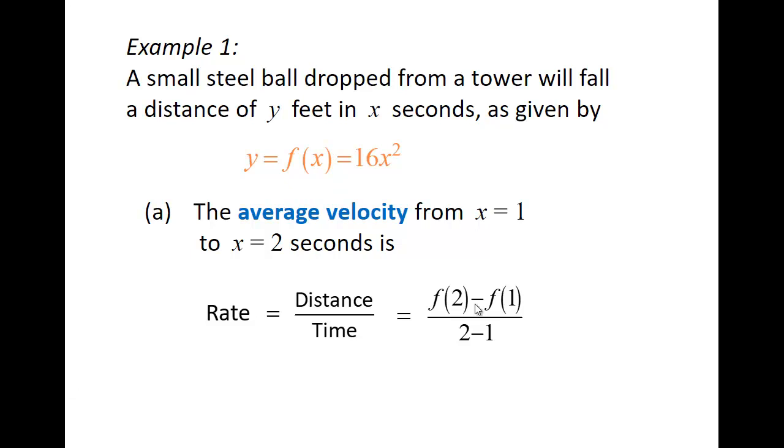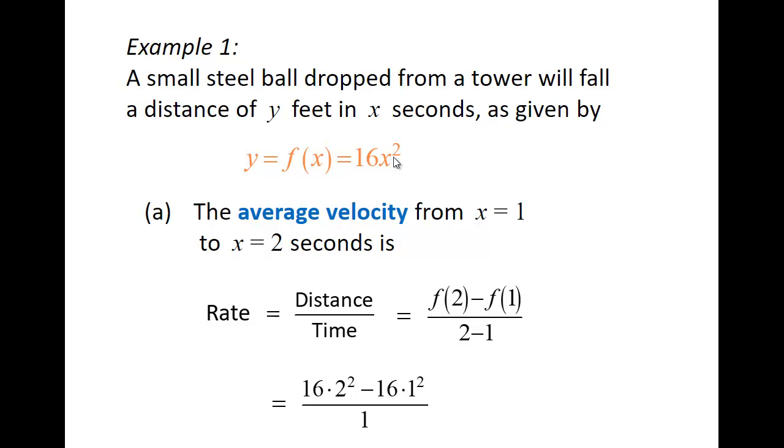So the numerator here is the distance traveled over this period, and the denominator is the length of this period. Okay, so what is f of 2? Well, this is the distance function here. So f of x is 16x squared, 16 times the square of the input. So f of 2 is 16 times the square of 2 minus f of 1, which is 16 times the square of 1.